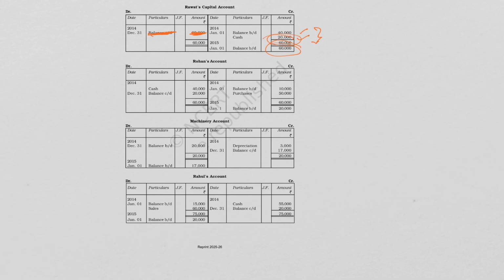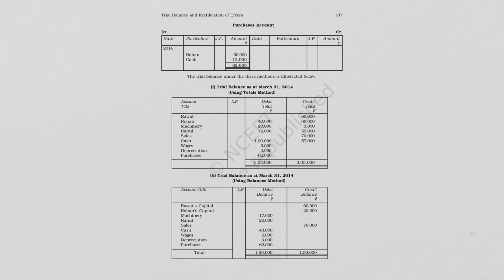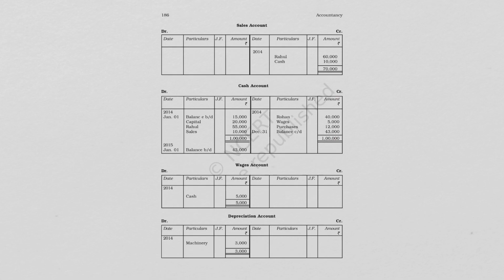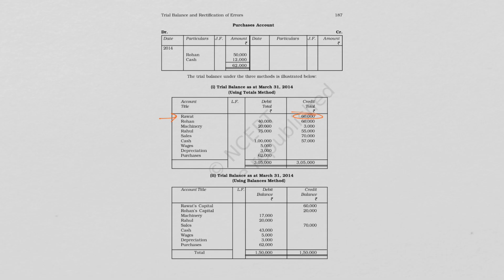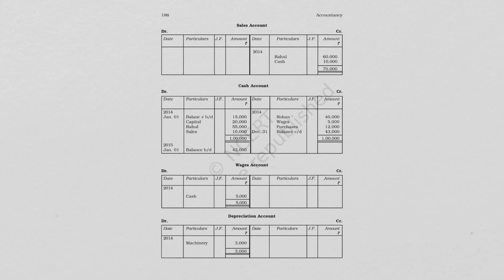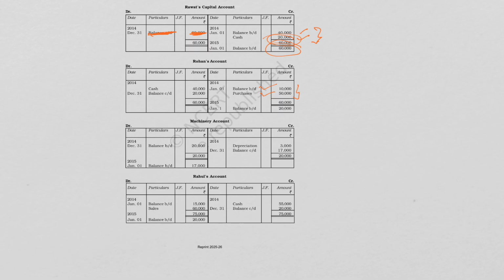So this 60,000 we'll write here. In Rawat's account, in credit total we have written 60,000. And in Rohan's account we have balance brought down and purchases, so the credit total here is 60,000. And we had one debit entry here also, cash 40,000.